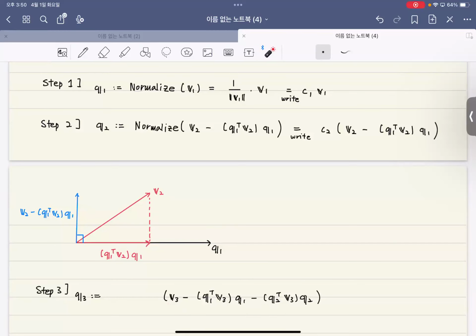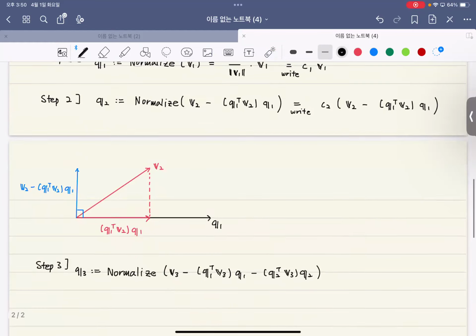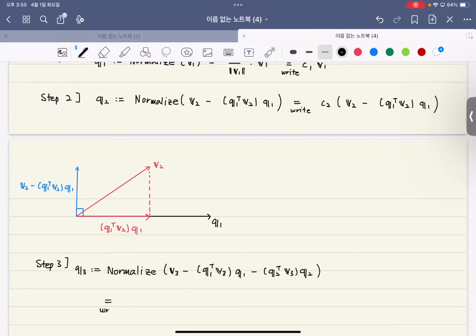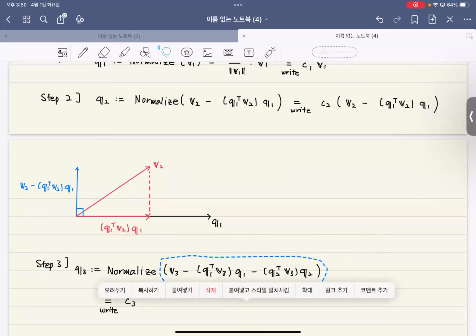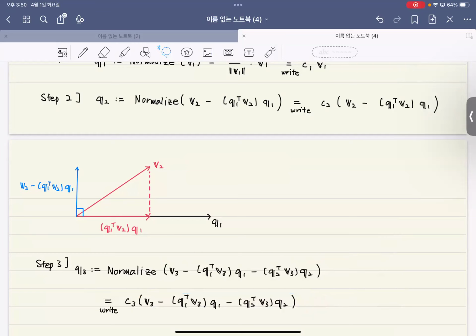This part is orthogonal to Q1, and at the same time it is orthogonal to Q2. If you normalize this, which I will denote C3 times this, then that is your third orthonormal basis vector Q3.